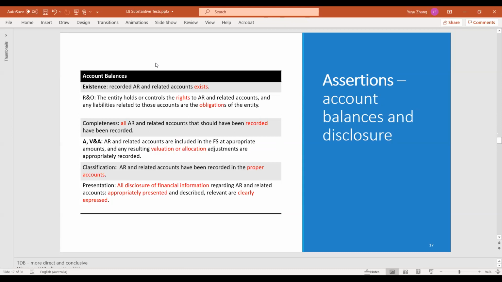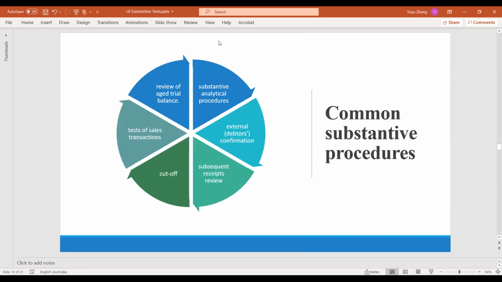And for the account balance assertions, we have existence, rights and obligations, completeness, valuation, classification, and presentation.